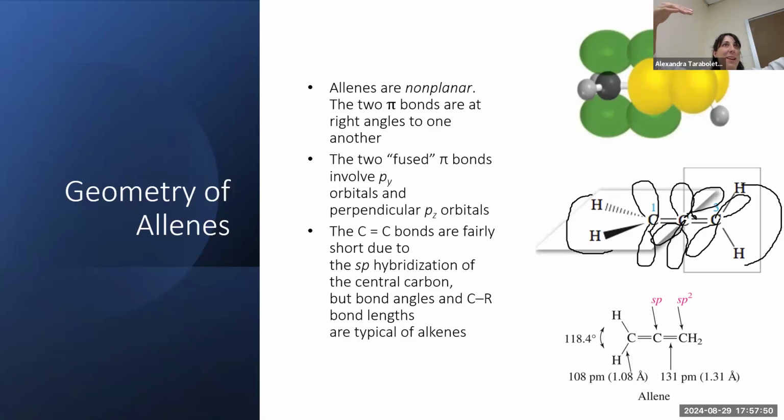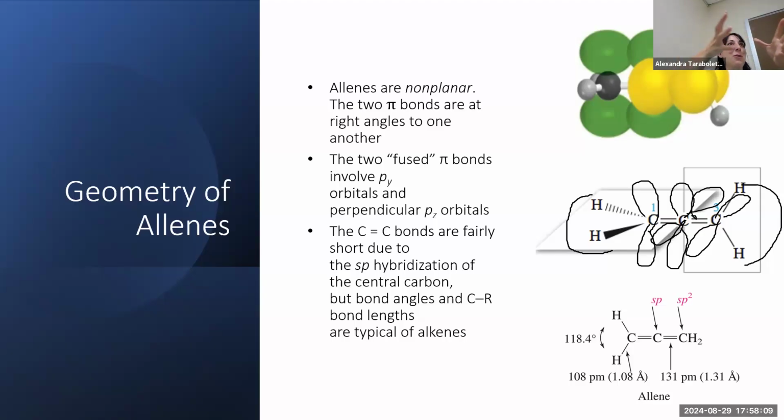You have two set in one plane, two set in the other. And so you actually do get chirality amongst those, whatever is attached at the end. Again, if you had different substituents on those points, you could get chirality on them.